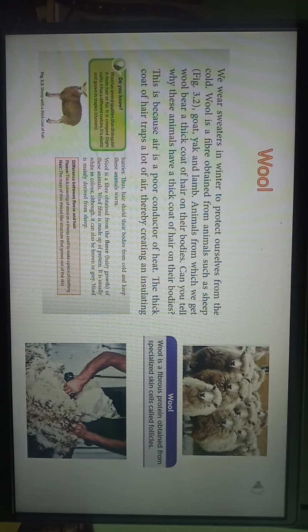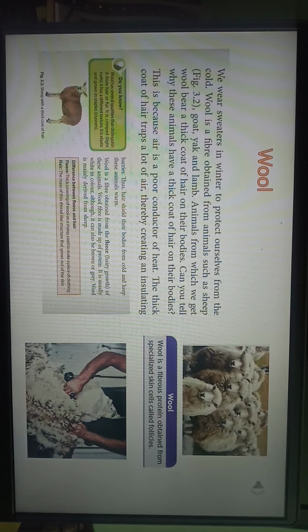Now you must be wondering what is the difference between fleece and hair. As I told you earlier, fleece is the thick covering of wool on the sheep, which is used to make a piece of clothing. Understood? And what is hair?